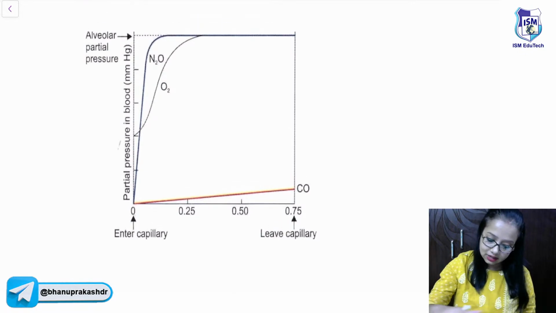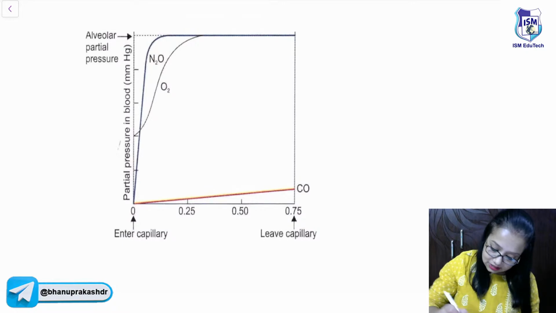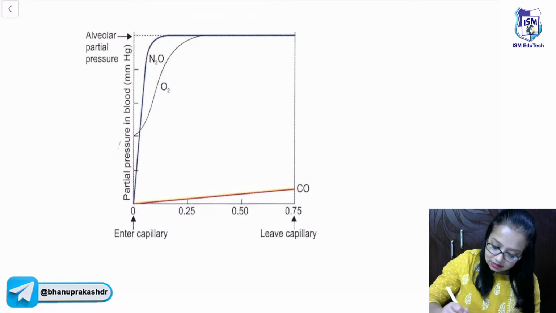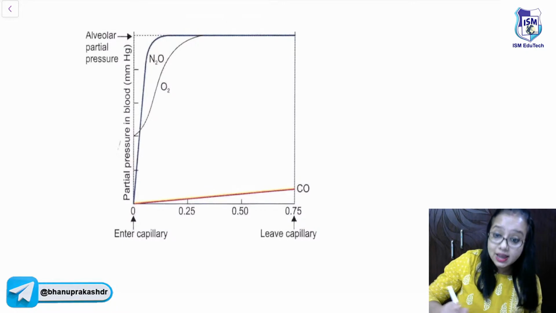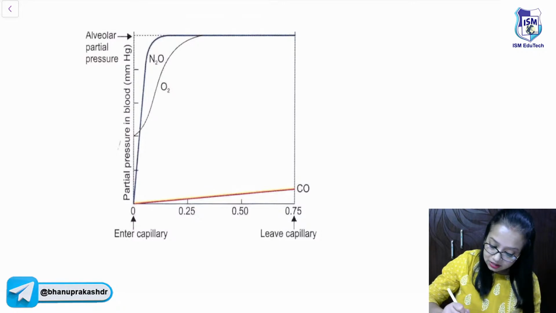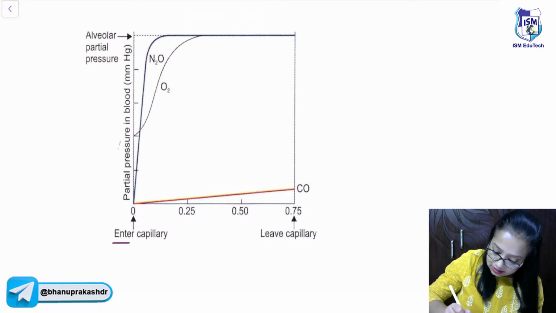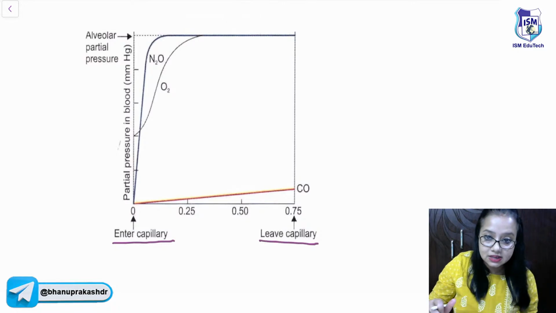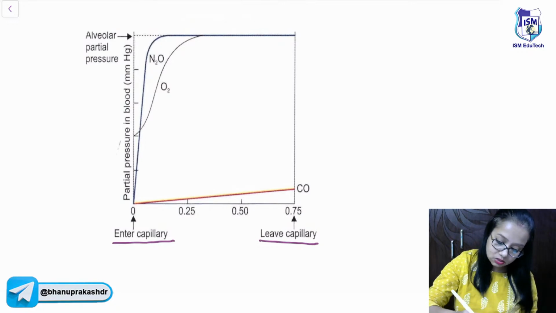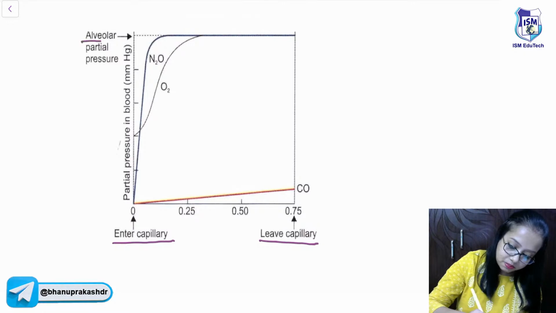Now, looking at the graph, this is denoting on the x-axis the time that the gas takes to enter and leave a capillary that is surrounding the alveoli. And on the y-axis, we have the partial pressure of the alveolar gases.